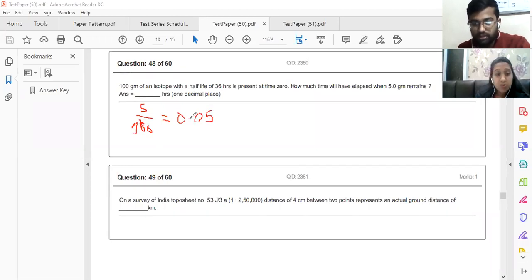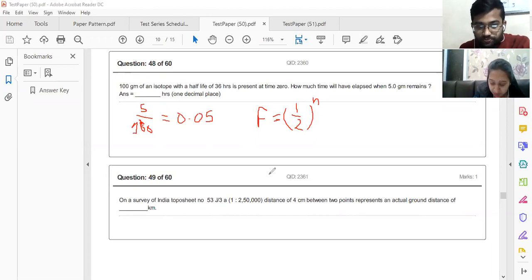Correct? Then you have formula that fraction is equal to half to the power n, and n is your number of half lives. So now substitute this: 0.05 is equal to 0.5 to the power n.